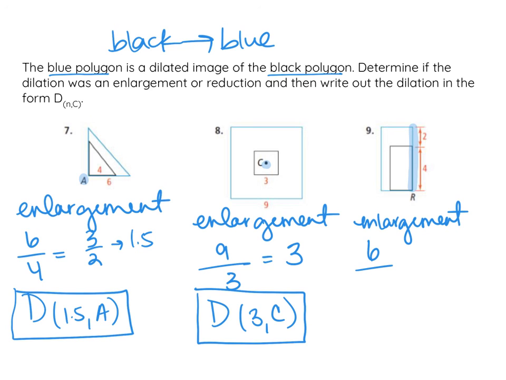And then the black, this part is just 4, right? So 6 over 4 again. We get tripped up on that one because we just see this 2 and we want to use that. However, if we don't use the 6 and we use that 2, our answer is going to be off. So we said that that's 3 over 2, which is 1.5. So again, D, scale factor of 1.5, and our center of dilation is point R.